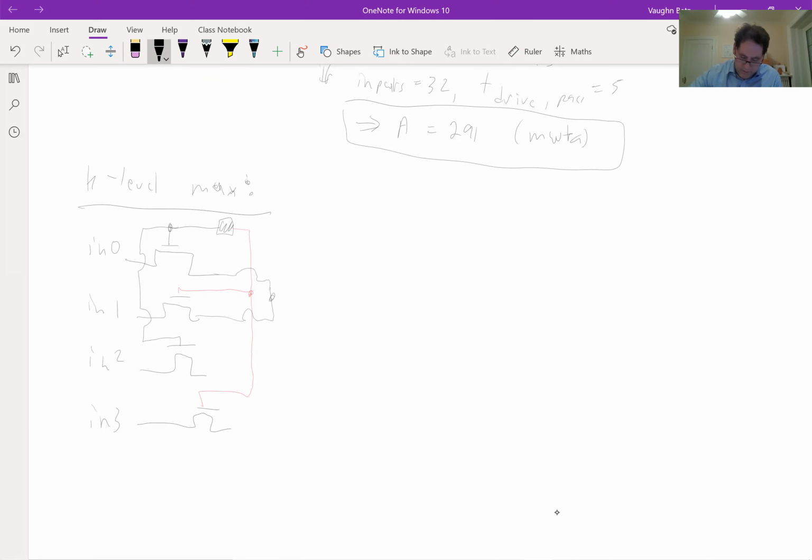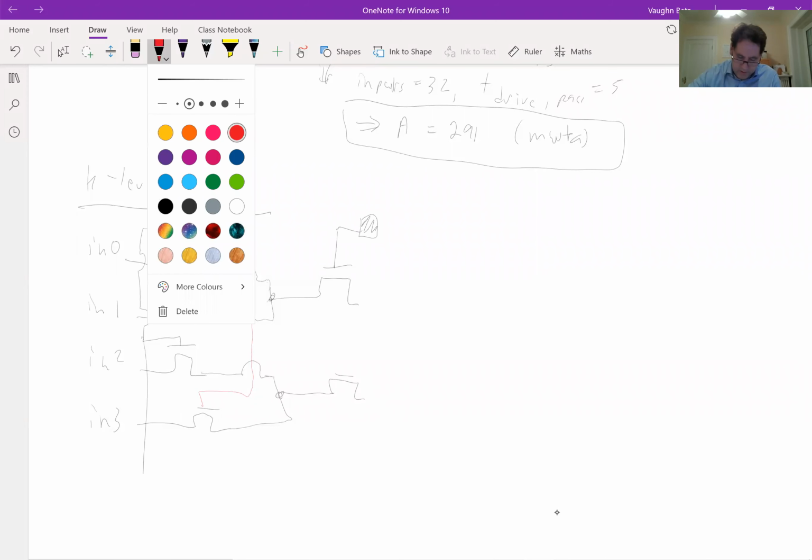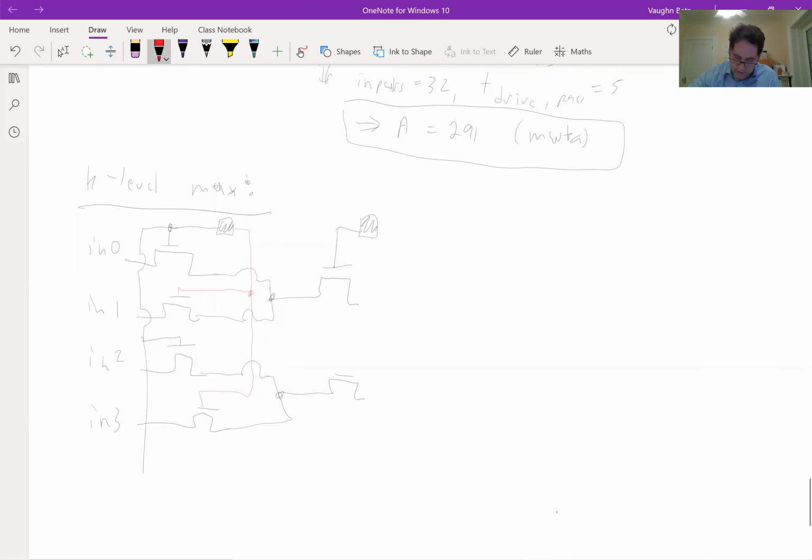So this is basically a tree structure. That's my first level of muxing. Now I need to do my next level of muxing. And I should say that these wires continue on down here too. Okay, so for the second level of muxing, I've got another SRAM cell. The true side controls that, and the false side goes down here and controls that.